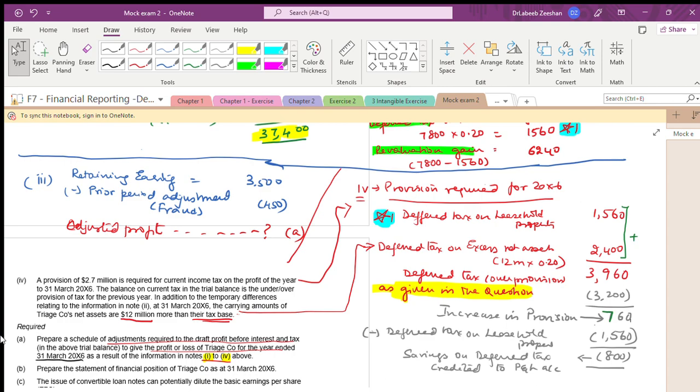So anytime, anywhere, whenever there is a deferred tax on the leasehold property, that deferred tax will be deducted. Now we are taking only the tax related to our assets. Anything related to leasehold assets, the deferred tax will be shown separately.